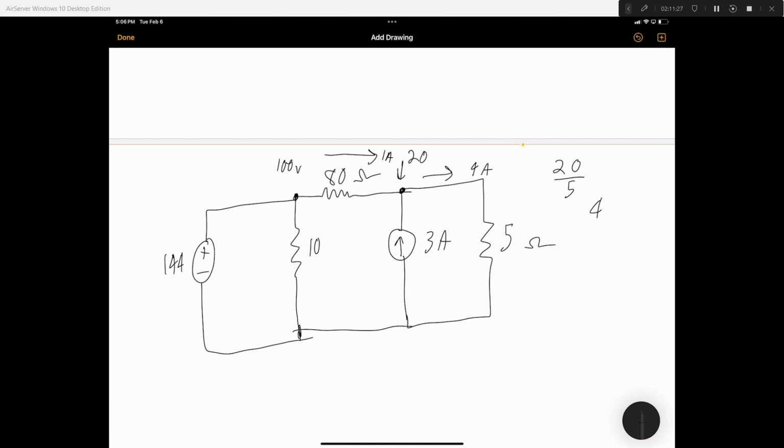So if we go from 100 minus 10, 90 divided by 10, we have 10 amps going down this way. Which must mean this must be 11 amps by theory. Right? Right.